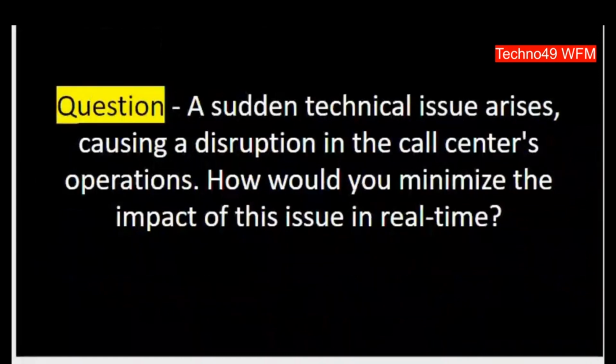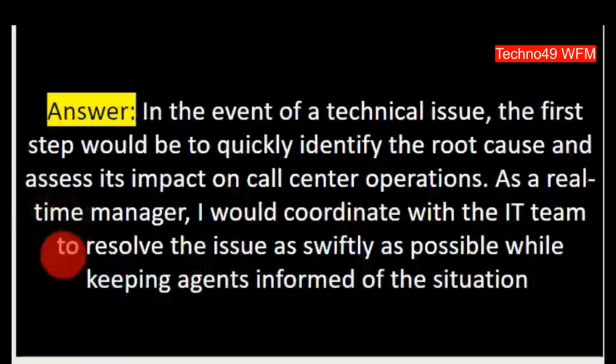So here the question says that technical issues arise, any kind of IT or system issues can happen in the call center, and that will definitely disrupt the call volume. In that scenario, what can you do to minimize the impact? These are the things you can say in the interview.